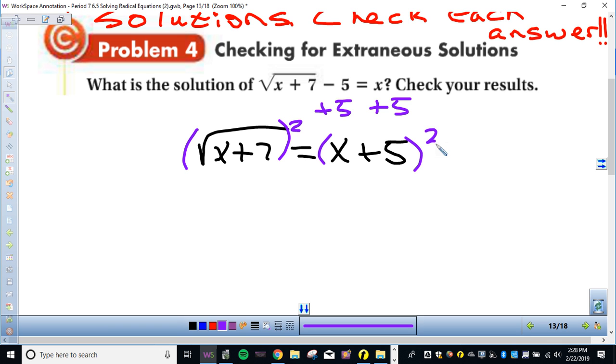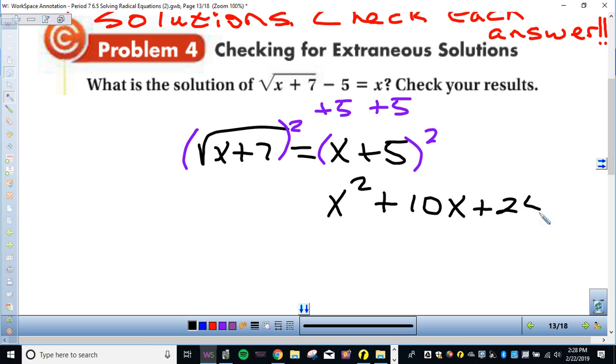So x plus 5 squared means x plus 5 times x plus 5, which is x squared plus 10x plus 25. It's not minus here.